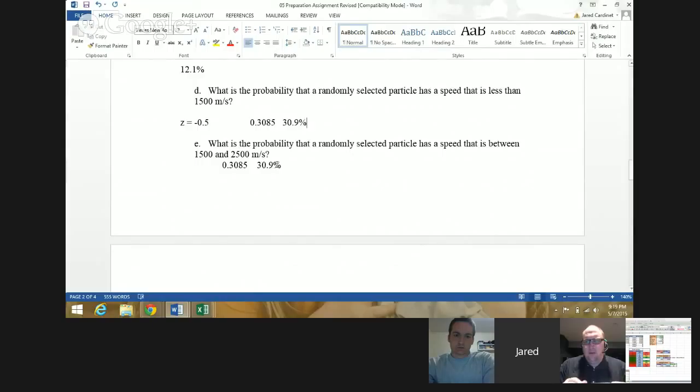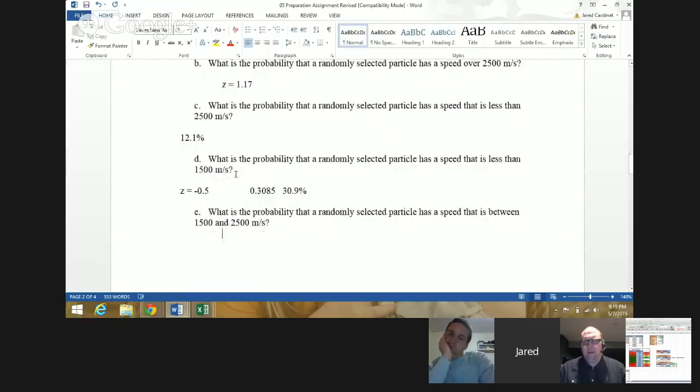Okay, so what is the probability that a randomly selected particle has a speed that is between 1500 and 2500? We already found the greater than and the less than. Right. Well, actually, minus the two. We already have both probabilities. Yeah, so we just subtract them from 100%. Not from 100%, from each other.